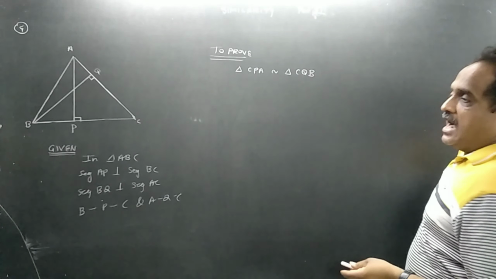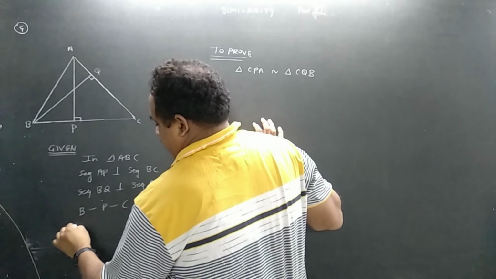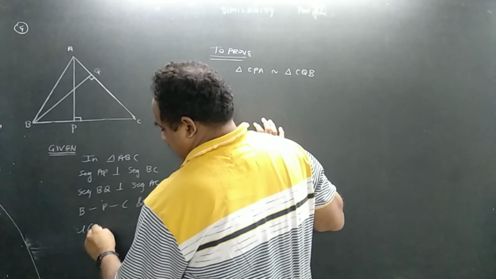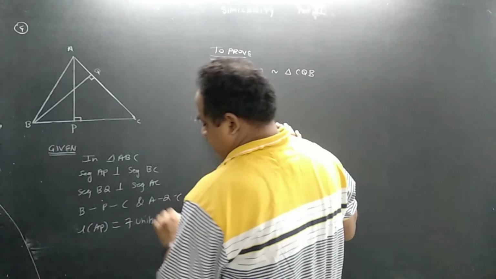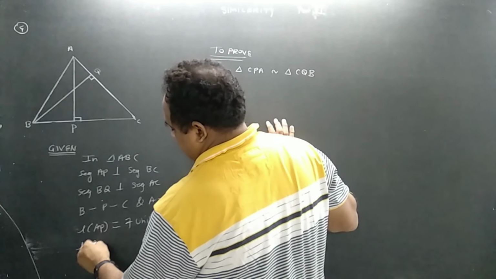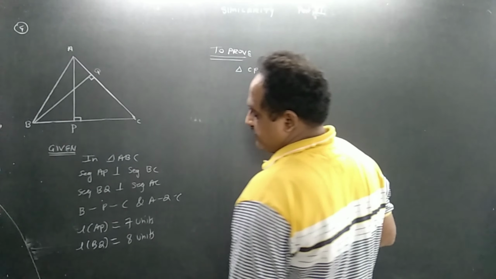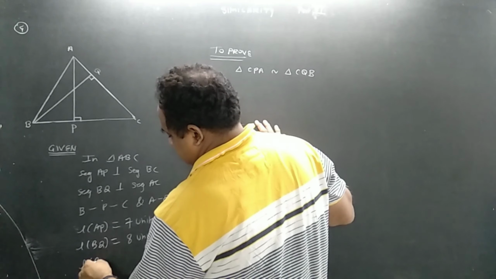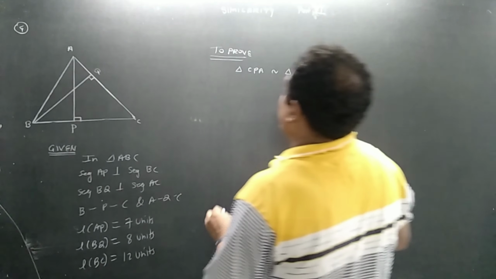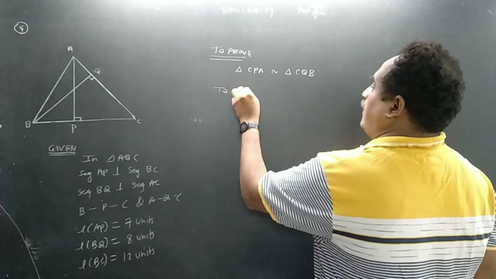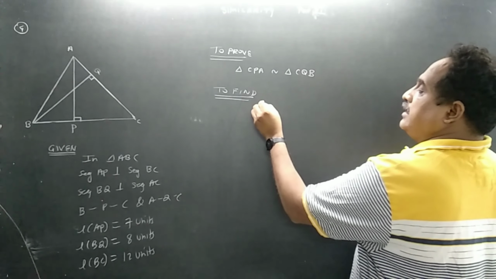If length AP is equal to 7 units, length BQ is equal to 8 units, length BC is equal to 12 units. So what to find now? Find AC.